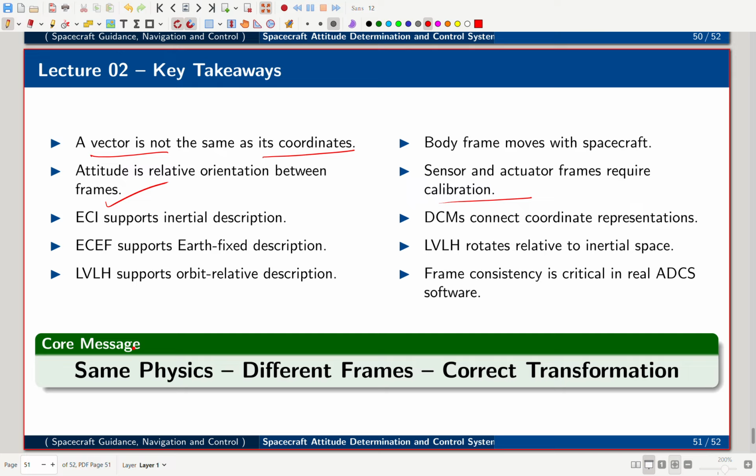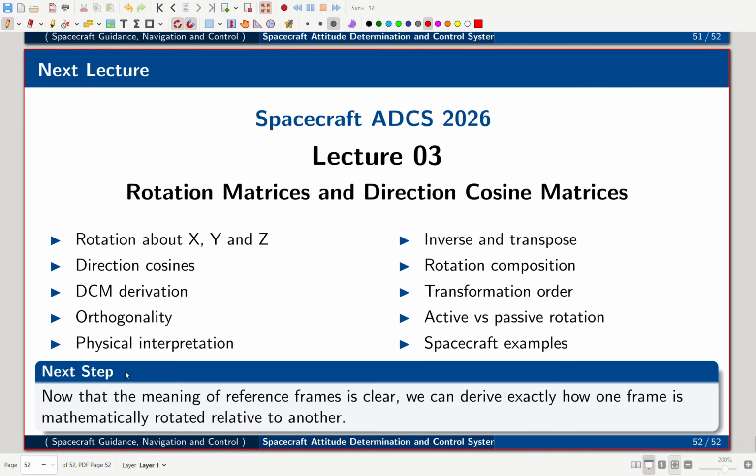The body frame moves with the spacecraft. Sensor and actuator frames require calibration. The Direction Cosine Matrix connects coordinate representations. Local vertical, local horizontal rotates relative to inertial space. And frame consistency is critical in real ADCS software. So same physics, different frames, correct transformations. We have to apply the same physics for different frames with correct transformations.